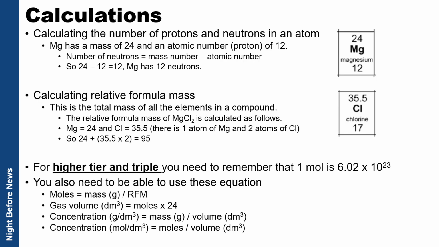The key calculations that are specific to this paper include the ones I've highlighted here. So, calculating the number of protons or neutrons in an atom. If you look at the example for magnesium on the right hand side, it has a mass of 24, so that's the number of protons and neutrons in the nucleus, and it has an atomic number or proton number of 12.